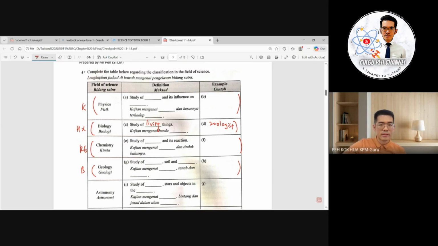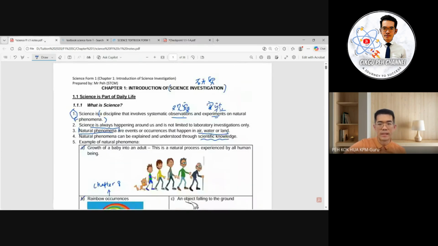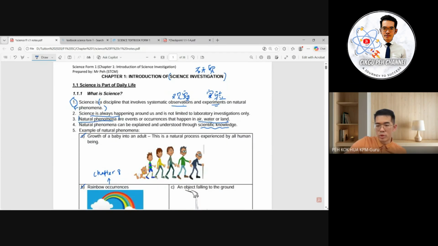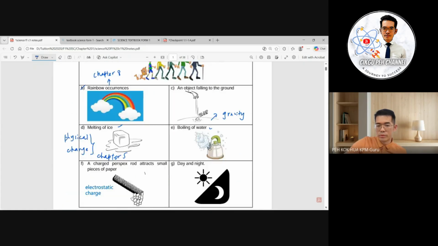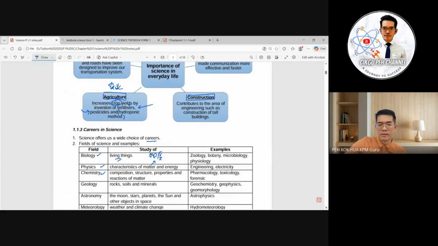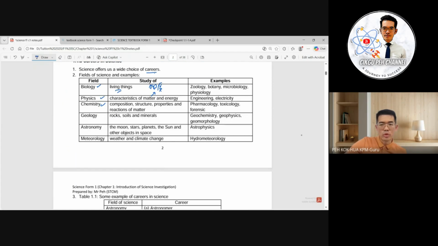So for number 4, biology, C is study of living things. You can refer to the textbook, our notes now. Page number 2. All the answers are listed here. Okay, living things. You can choose one of the examples of study: zoology, botany, microbiology, physiology. Okay.